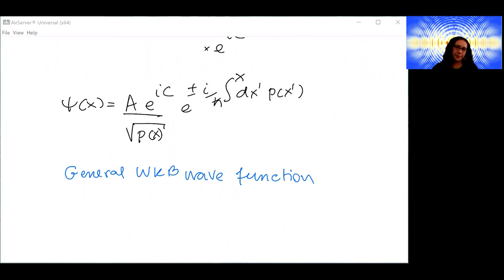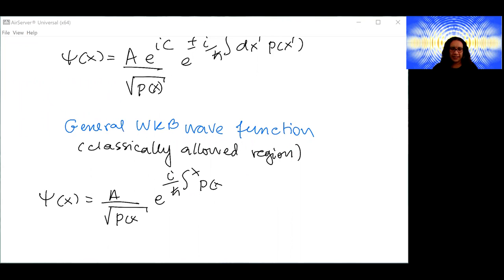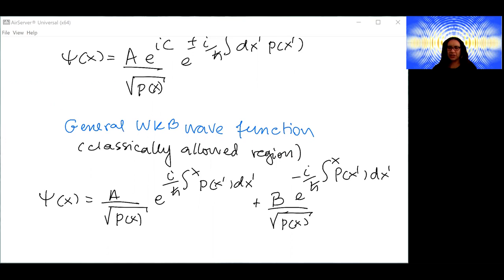And let me specify here, classically allowed region, we're going to have psi x, A over the square root of p x, e to the i divided by h bar integral p x dash dx dash, plus B over the square root of p x, e to the minus i over h bar integral p x dash dx dash.